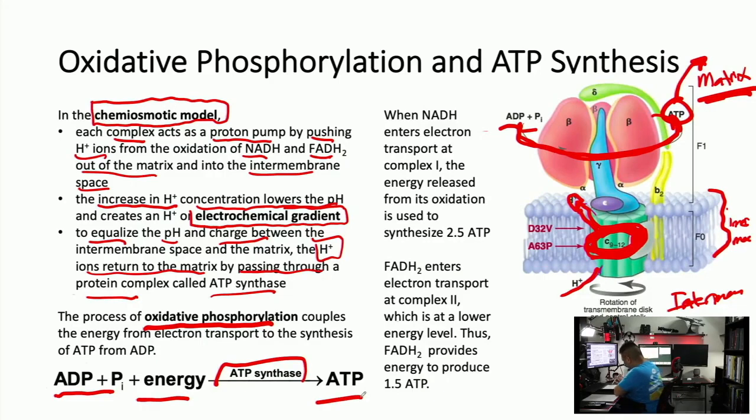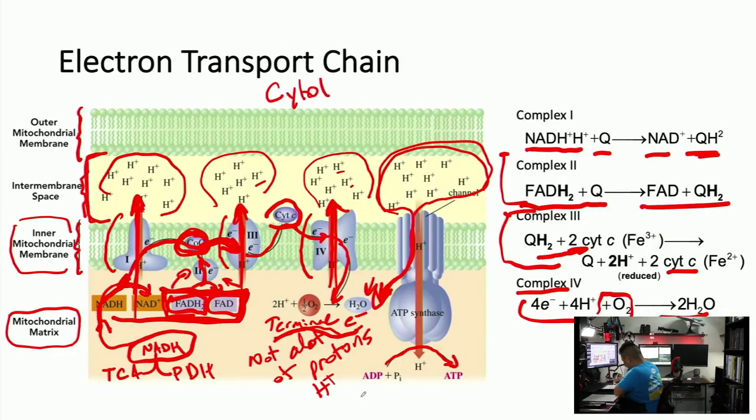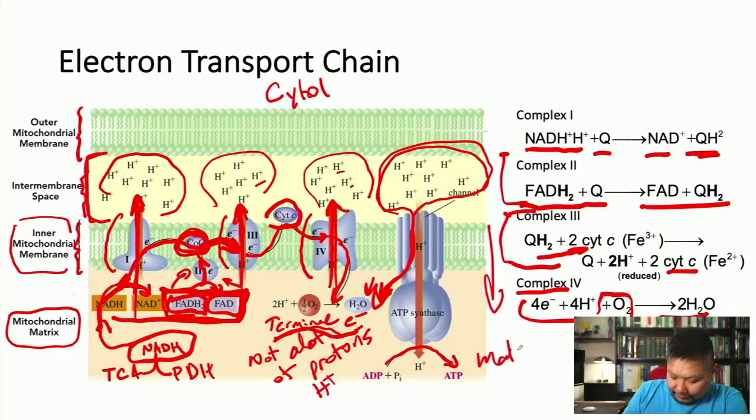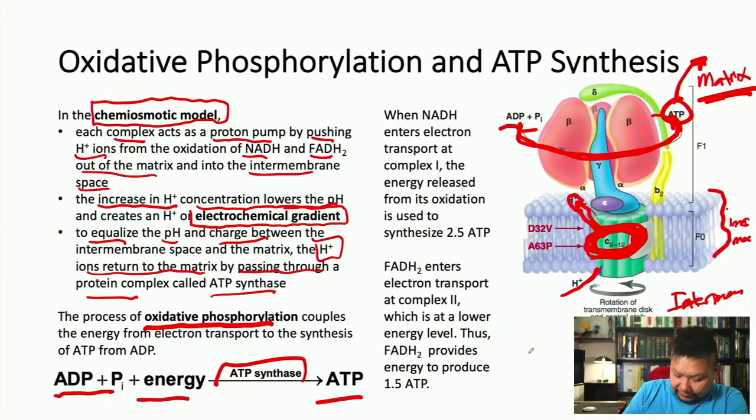And I know, I'm sorry, this is a little bit confusing because in the previous slide, ATP synthase was pointed downwards here, with the matrix at the bottom. But in the next slide, I needed to have the words upright. And so now the matrix is up here and the intermembrane space is down here, right? But it doesn't matter because the mitochondria is a three-dimensional structure and it can be in any kind of orientation, right?